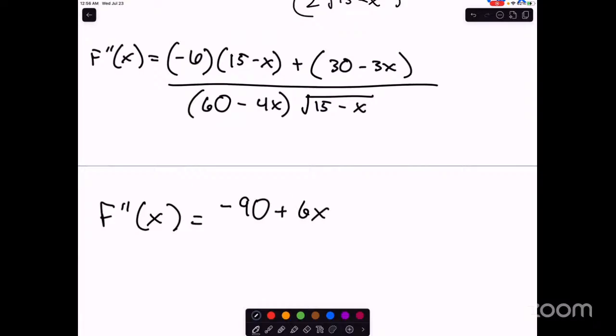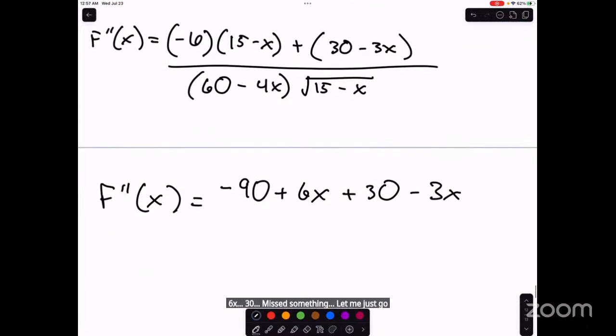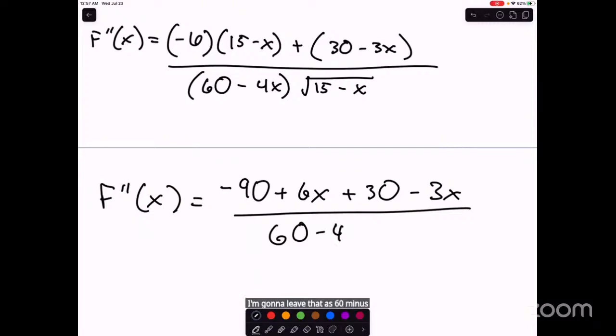Six times 30. Oh man, I hope I didn't miss something. I'm just going to go with it. I'm going to leave that as 60 minus 4x times the square root of 15 minus x. Okay.